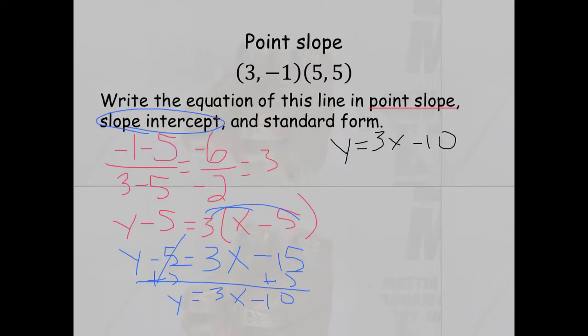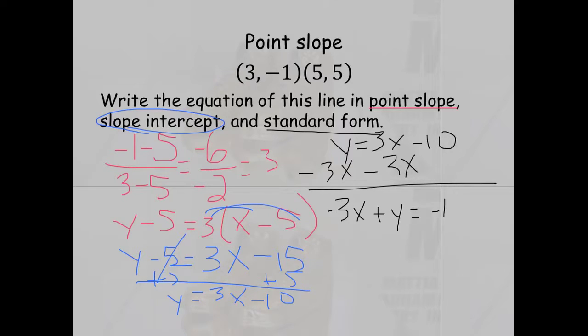Standard form has x and y on the same side: ax plus by equals c. So in order to do that, I'm going to subtract 3x from both sides, giving me negative 3x plus y equals negative 10.